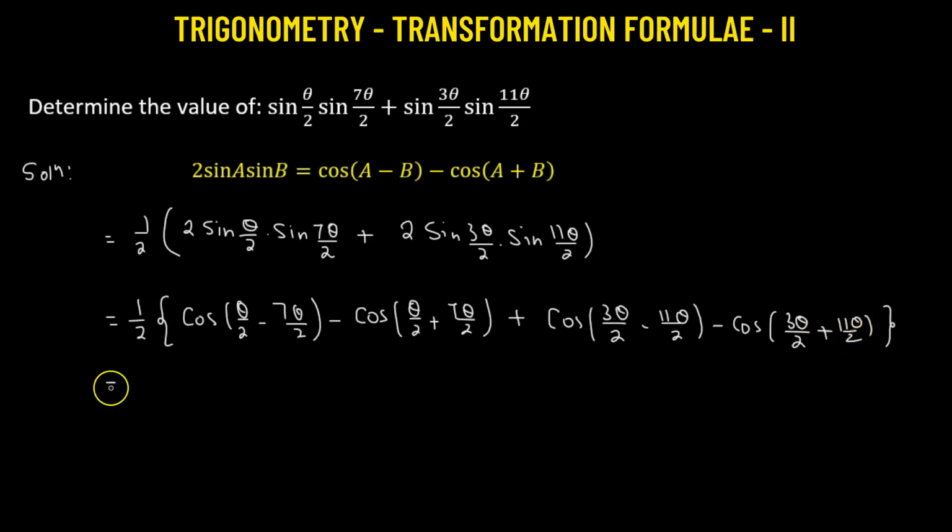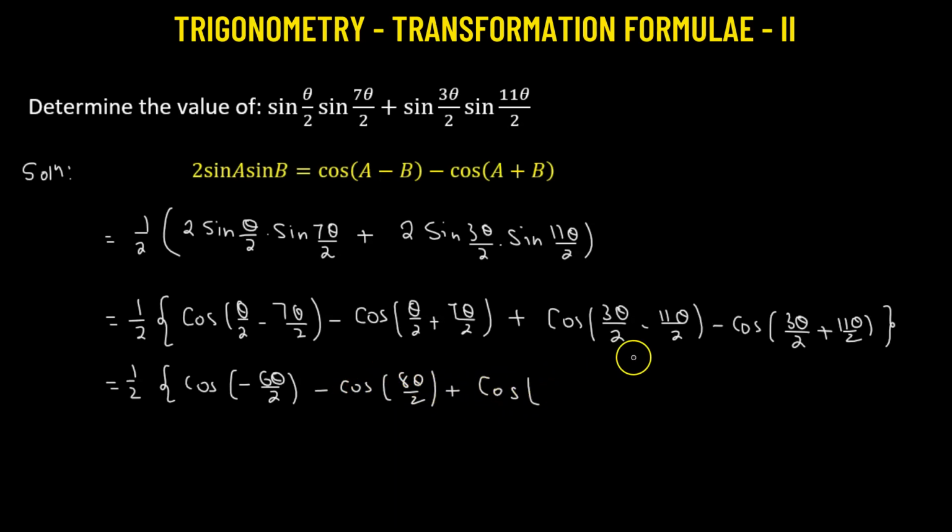Okay, let's compute the value. We will get half multiplied by cosine of theta over 2 minus 7 theta over 2, so that's going to be negative 6 theta over 2, minus cosine of 8 theta over 2, plus cosine of 3 theta over 2 minus 11 theta over 2, so that's going to be negative 8 theta over 2, minus cosine of 14 theta over 2.